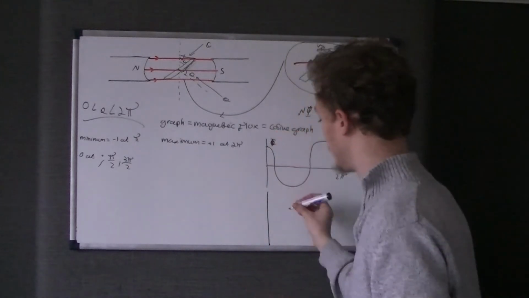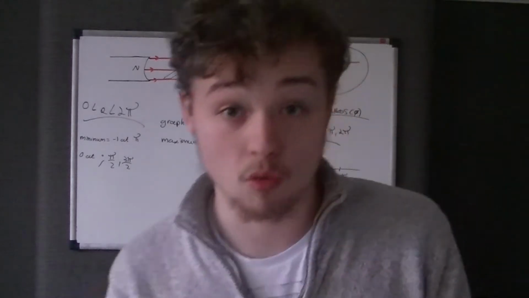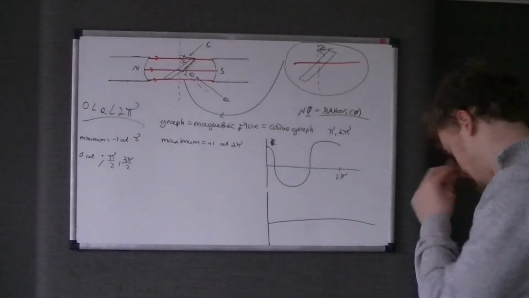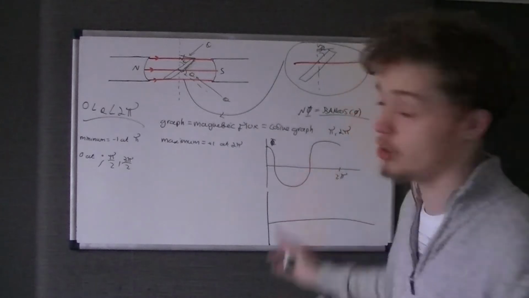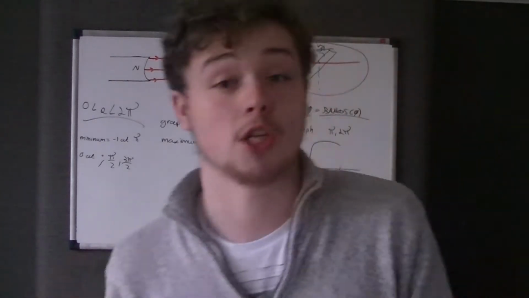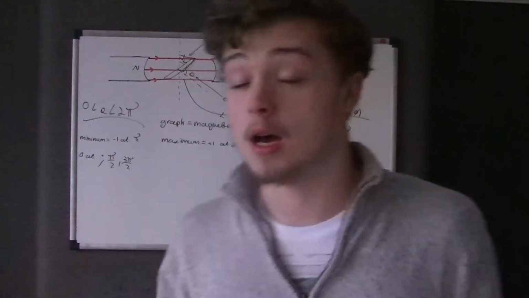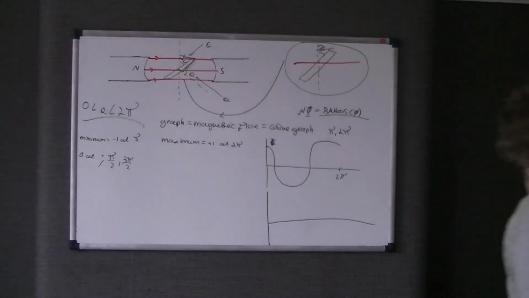The graph which is the gradient of this graph, you can either just draw the gradient of that graph, or you could just differentiate the cosine to get sine. So the EMF graph is a sine graph.